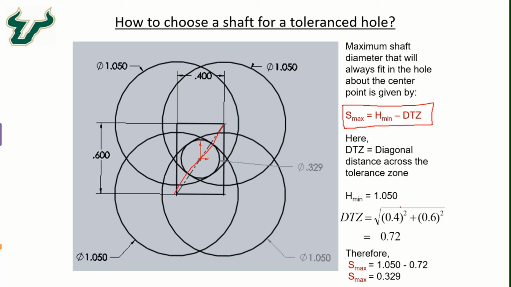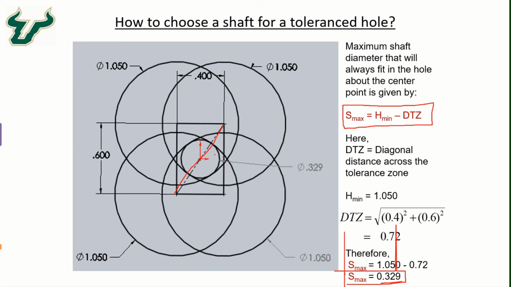And if we want to find the maximum possible shaft diameter, we need to consider the worst possible condition, which is the minimum value of the hole that could be created, 1.050. So 1.050 minus 0.72 will give you 0.329 inches. And that is the maximum possible diameter of the shaft that will always be able to pass through exactly the center of this plate, no matter where the hole is created.